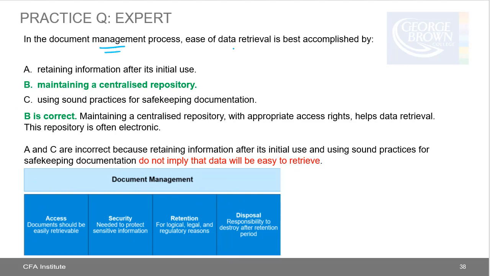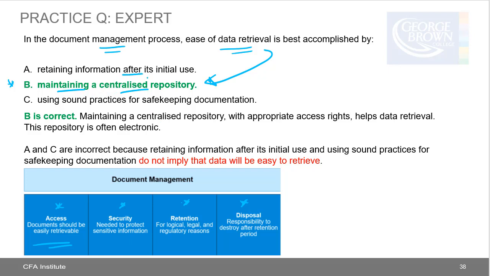In the document management process, ease of data retrieval is best accomplished by maintaining a centralized repository. So remember document management, we looked at access, security, retention, and disposal. With regards to access, documents should be easily retrievable, and for documents to be easily retrievable, it's recommended that a central repository is maintained.